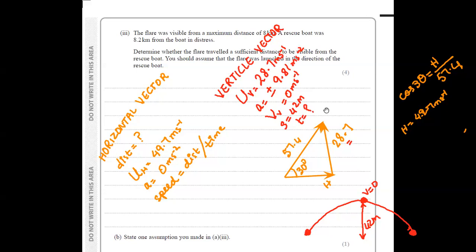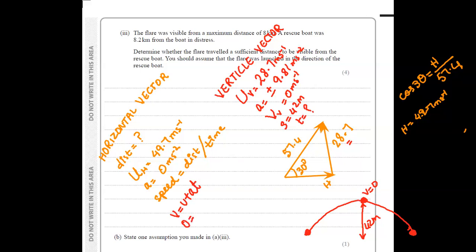That is definitely correct. So we know that our final velocity is 0, our initial velocity is 28.7, and of course my acceleration is going to be equal to minus 9.81. So you're completely correct. V is equal to U plus AT. My final velocity at the very top is 0.